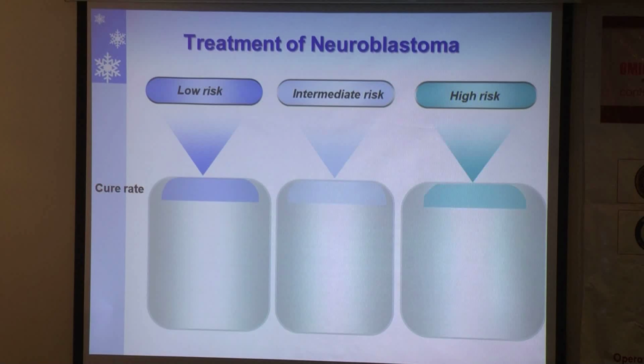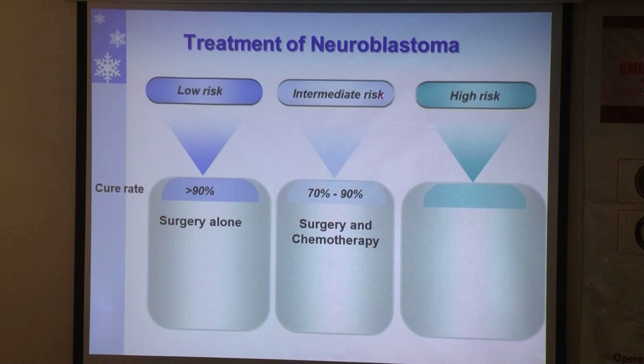Basically, the current treatment for neuroblastoma depends on the type. According to the International Neuroblastoma Risk Group Classification, there are 3 different types. For low risk, the cure rate is more than 90% using surgery alone. For intermediate risk, without MYC amplification, one can deal with it by surgery and chemotherapy and have a very high cure rate.